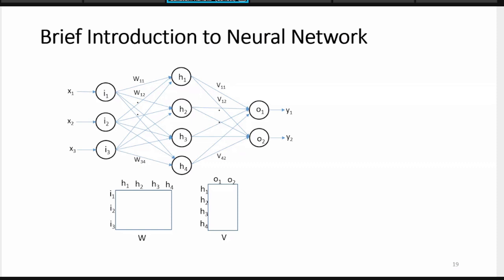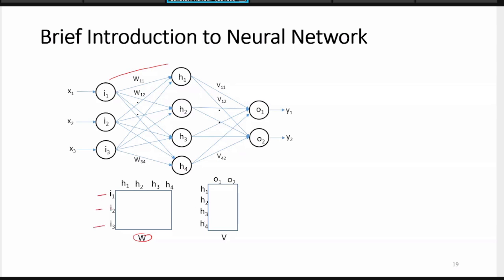The first weight, between the input layer and the hidden layer, you can realize by a matrix. So I am calling this the matrix W. What is this matrix W? If you have three input nodes, I have three rows, I1, I2, I3.